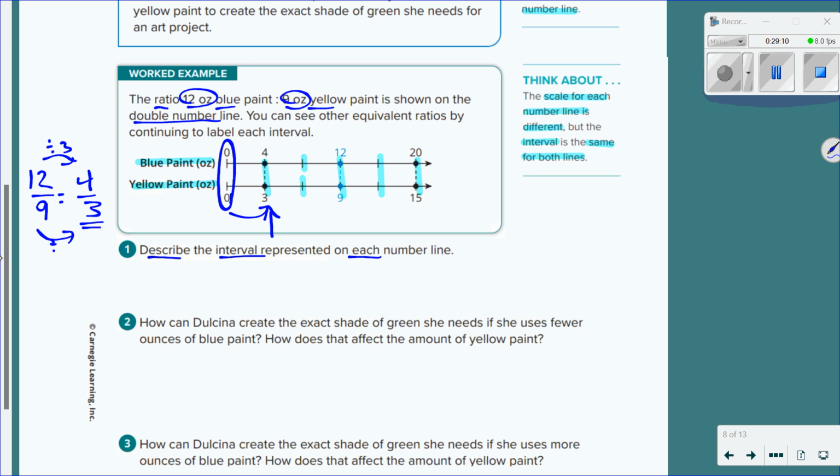Isabella? 3? 4. Okay, so the top interval goes by 4. That's for the blue paint in ounces. What about the bottom interval? Kiana? 3. The bottom interval goes by 3.